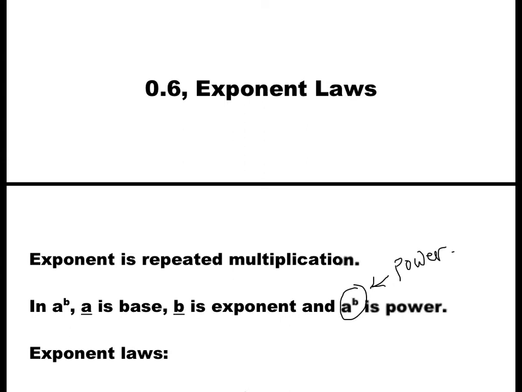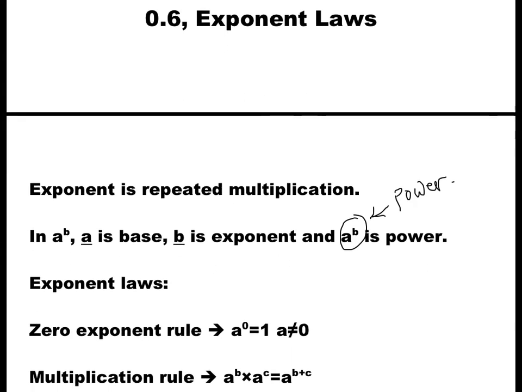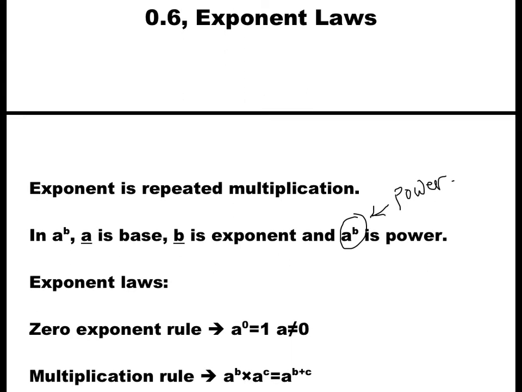Let's go through the exponent laws. The first law, very simple, is called the zero exponent rule. What it means is that any number exponent 0 is equal to 1, as long as the base, which is A, is not equal to 0. That's a no-no.